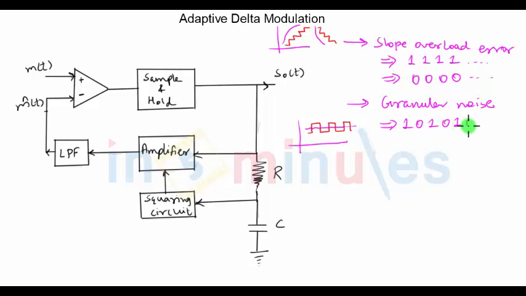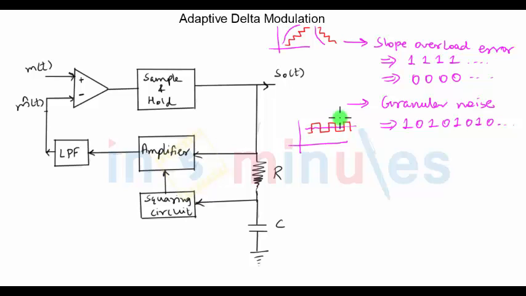So when 1 and 0 keep on occurring alternately, we understand that granular noise is taking place. It indicates that m of t is almost constant and m cap t is simply rotating around m of t. This is the indication of granular noise.